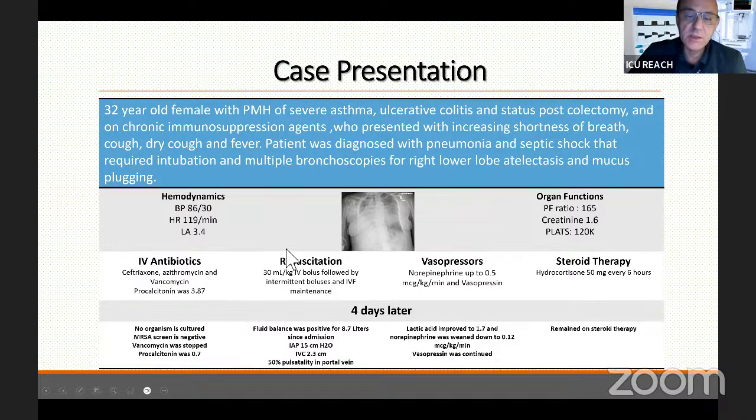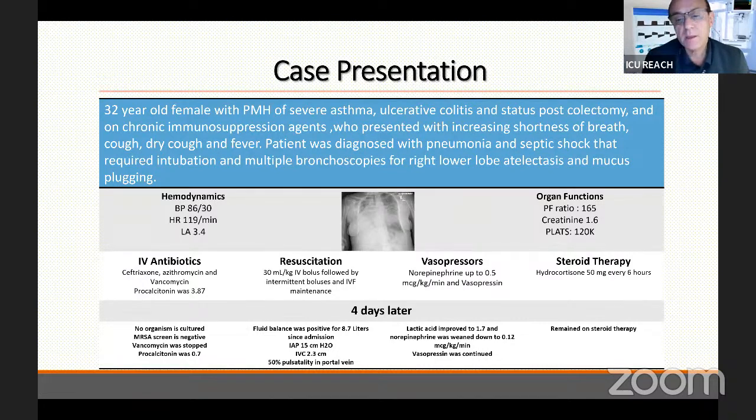She was resuscitated in the emergency room with 30 ml per kg IV bolus as per the Surviving Sepsis Campaign guideline, and she continued to have intermittent boluses followed by IV fluid maintenance. For the blood pressure, she was started on norepinephrine that was escalated very rapidly to 2.5.